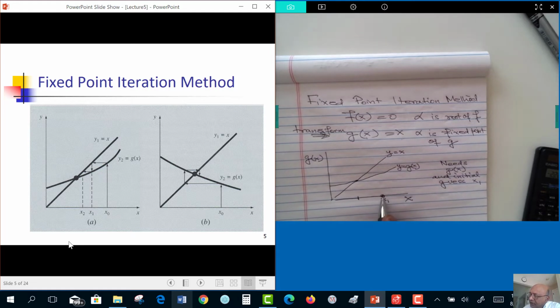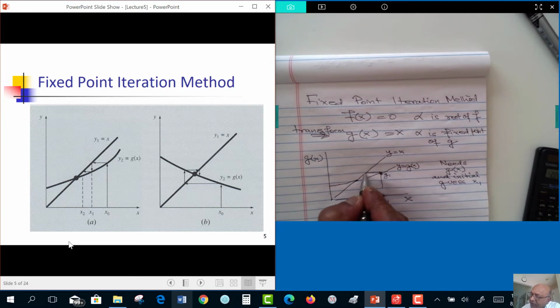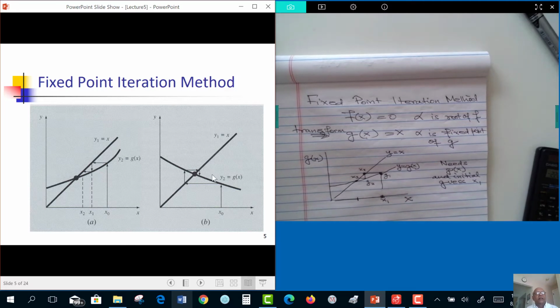So what we do is we evaluate g1, and this g1 becomes x2. So now we evaluate g2, it becomes x3. And you can see we just go down these steps and converge towards the root.